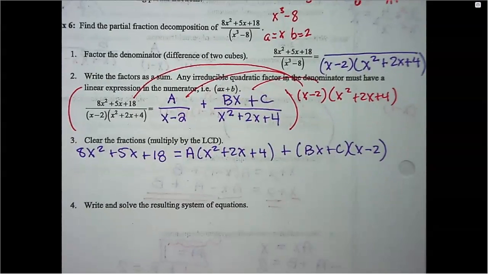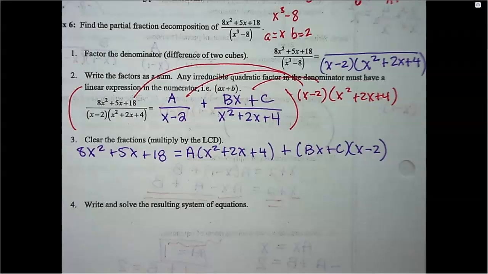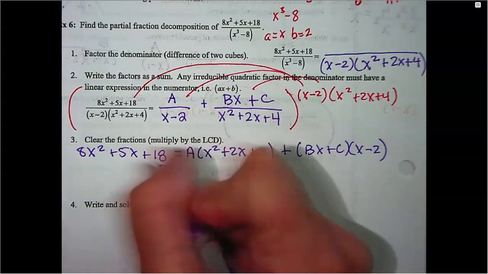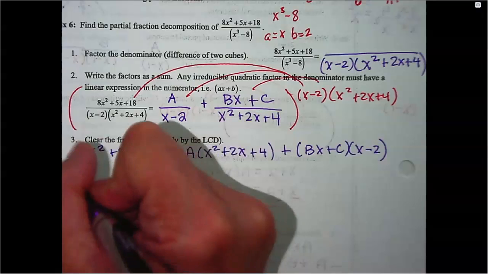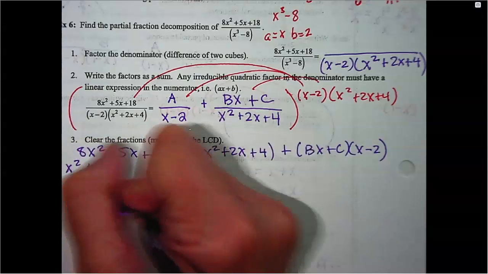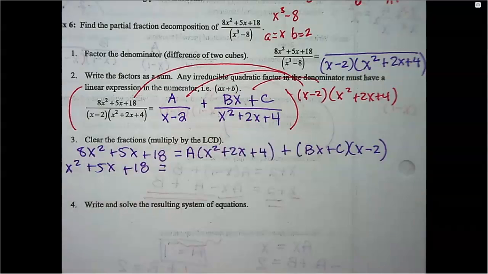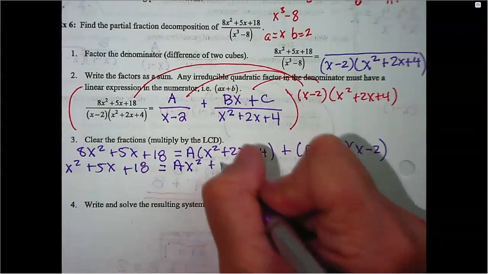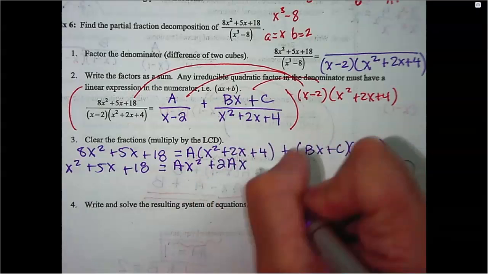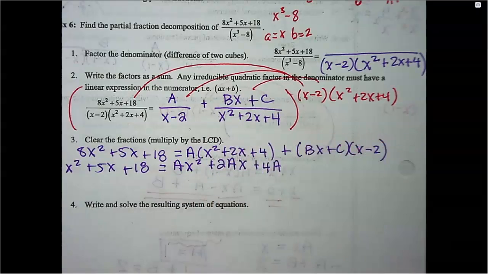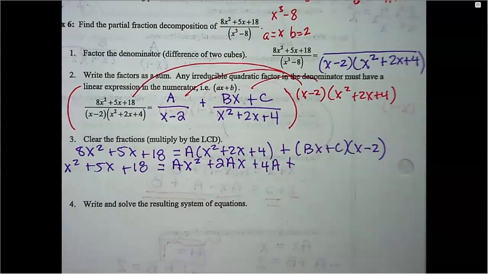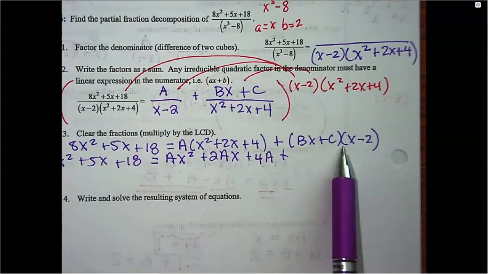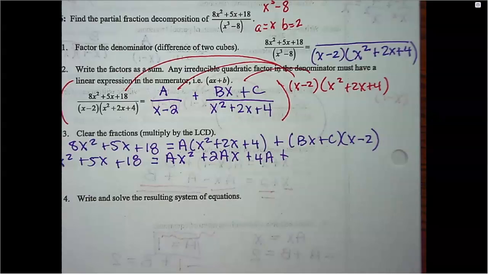All right, next thing we're going to do is multiply everything through. So will you guys take the a and distribute it? So take your a and distribute it. The left side of the equation you just recopy. 8x squared plus 5x plus 18 equals ax squared plus 2ax plus 4a plus, how are we going to multiply these two binomials? We're going to FOIL.